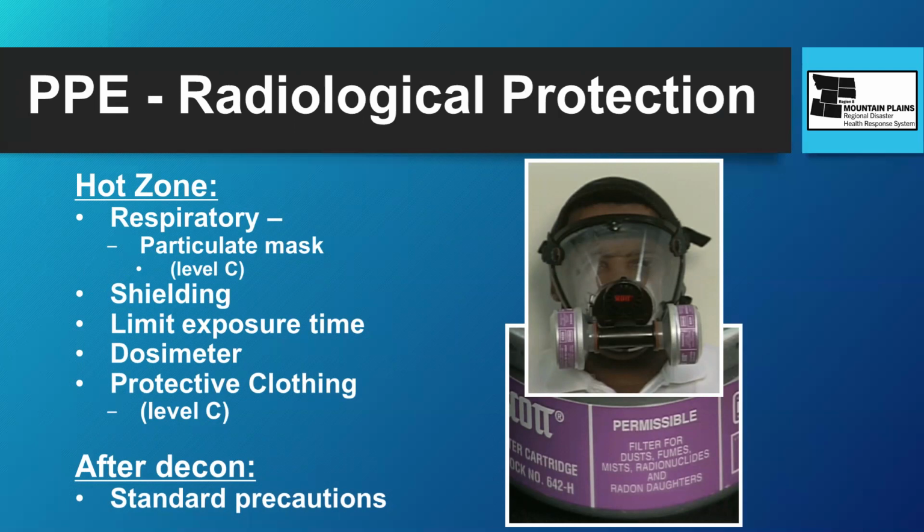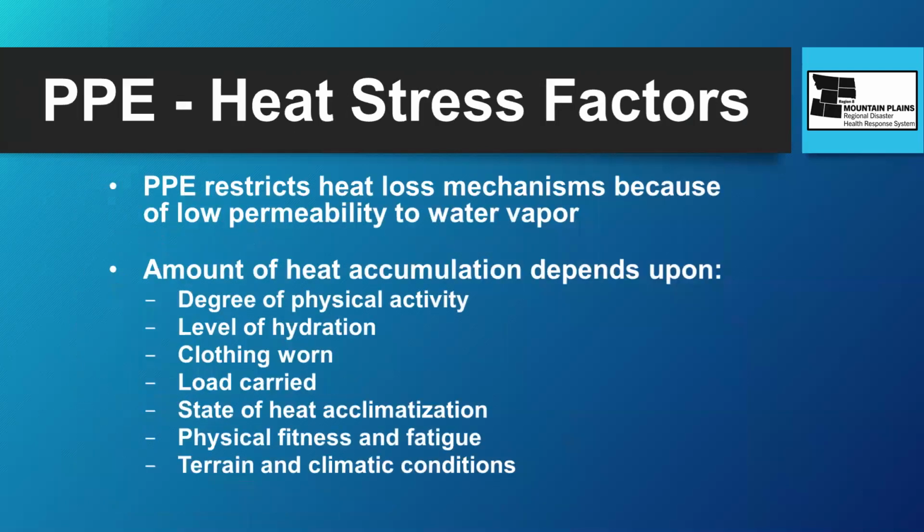Again, proper selection of the filter is key. Now, wearing any of these levels of PPE, A through C, you are contained within a suit that has essentially no permeability to water vapor, which means heat accumulates within that suit.